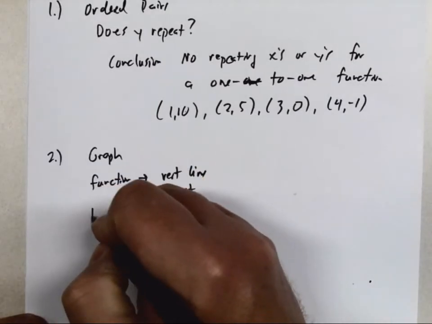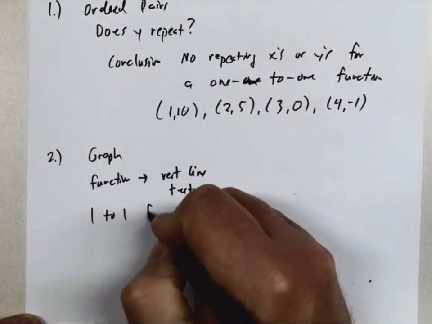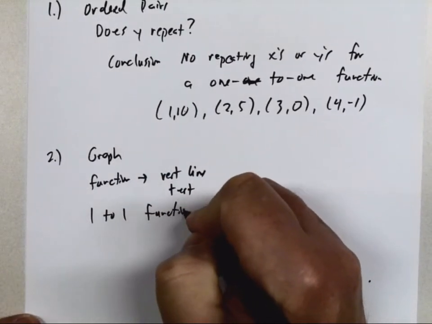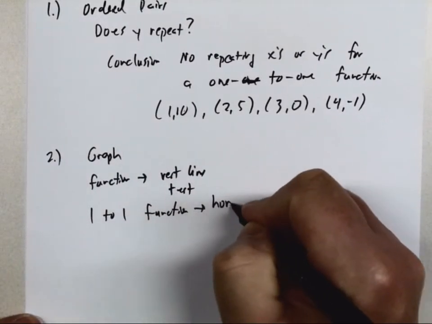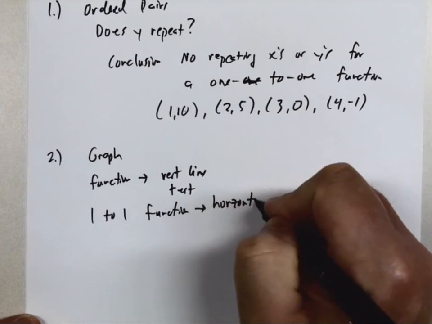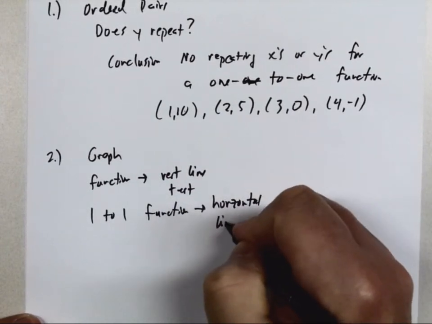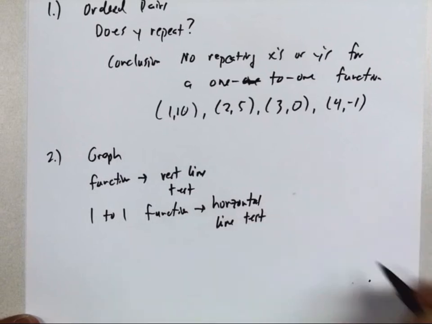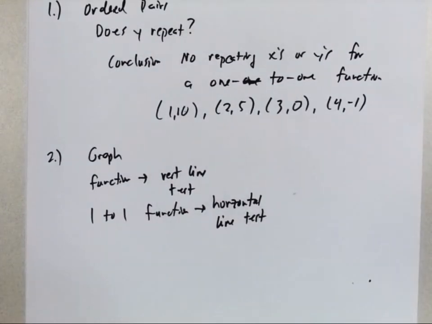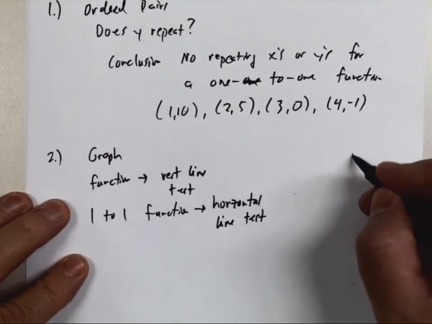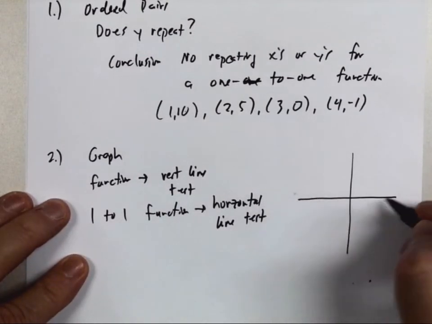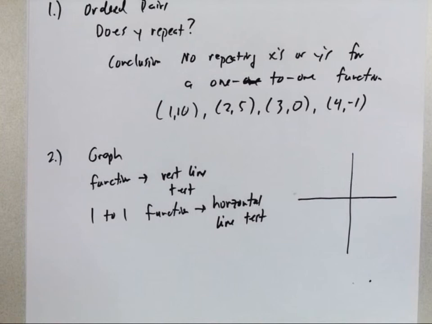So what do you think we do with a one-to-one function? Same idea, which is nice. We actually do a horizontal line test, and the same rules apply. If you can draw a horizontal line that crosses the graph twice, then it is not a one-to-one function.